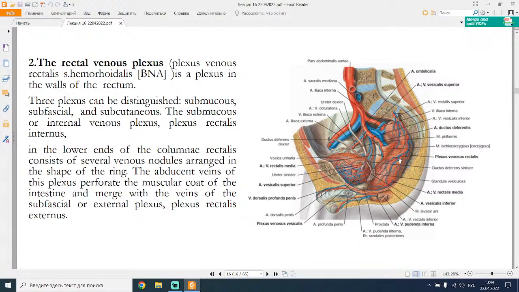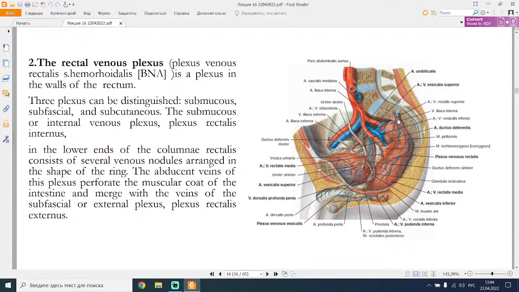What you see? Plexus venosus rectalis, and drain into vena vesicalis.